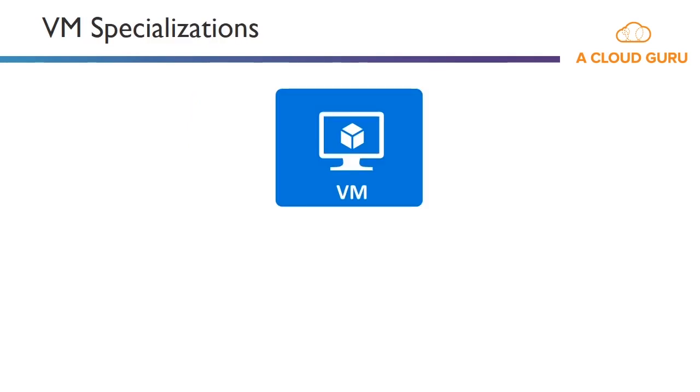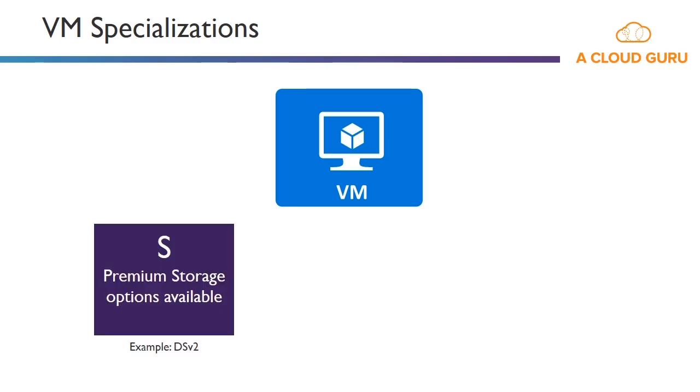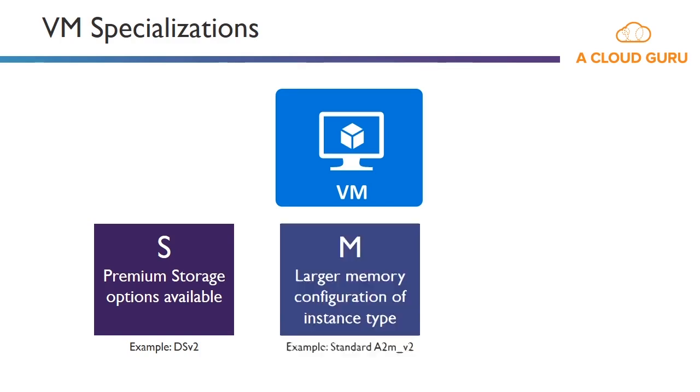And then we go into the specialization. So if you've just got your head around, okay, I've got all these types, well, now there's different specializations, and you notice this in the way the instance types are written out. So for example, we've got S for premium storage. So if you see D series, you'll also see a DS version. So DSV2, that's a premium storage option there.